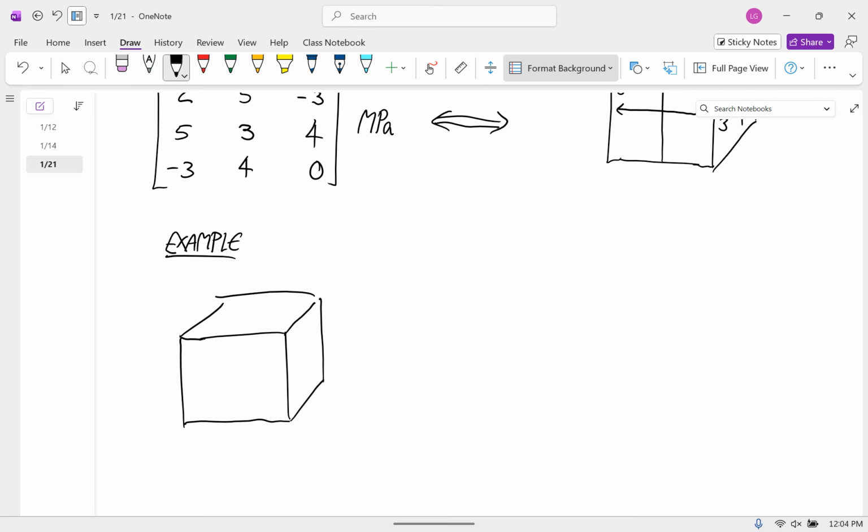So let's say that we start with something like 4 megapascals, and then we have 2 megapascals going this way, 3 megapascals going this way. And we want to fill in the values so that this is a possible stress tensor.